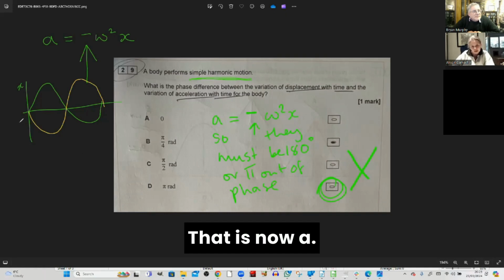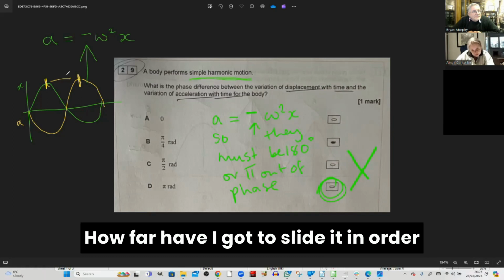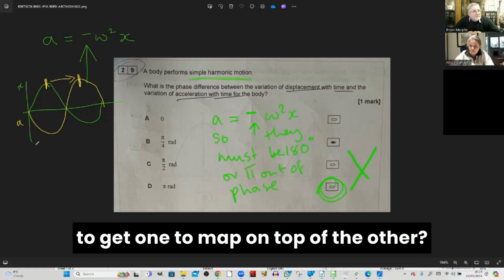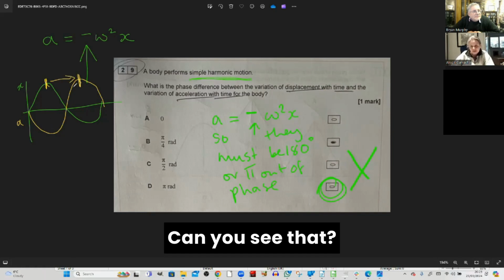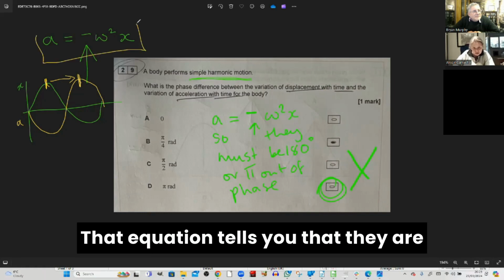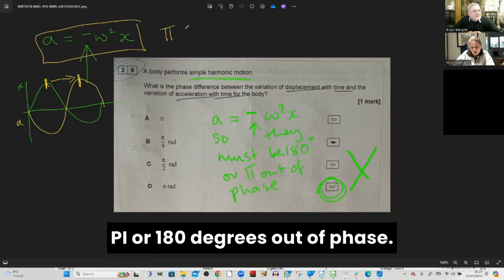That is now a. So can you see how far I've got to slide it in order to get one to map on top of the other? Can you see that that equation tells you that they are pi or 180 degrees out of phase?